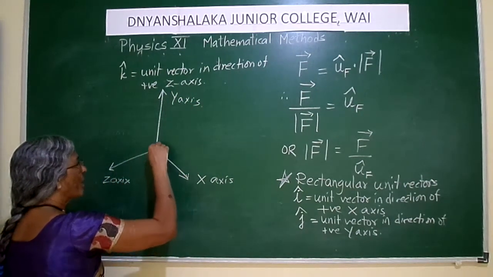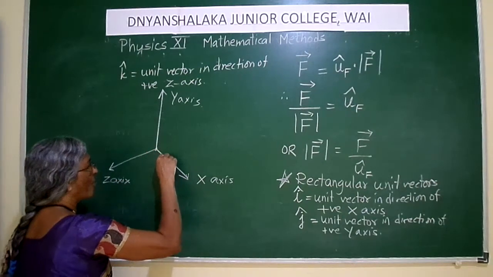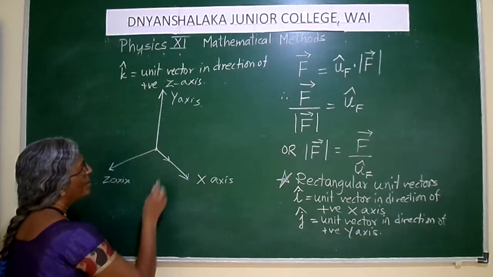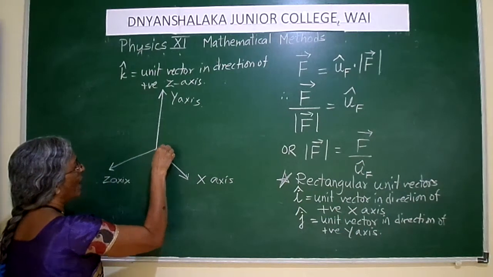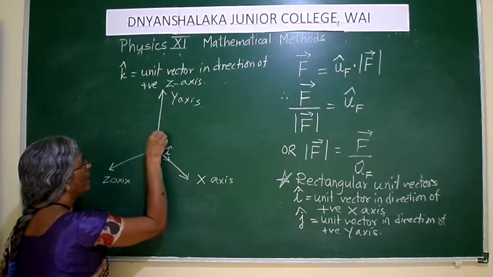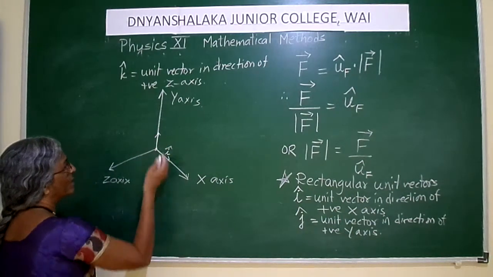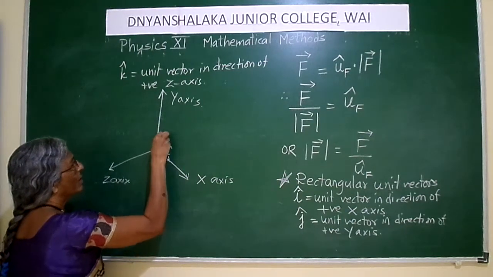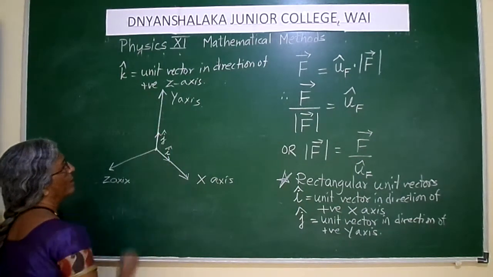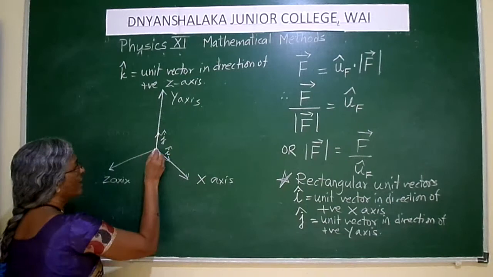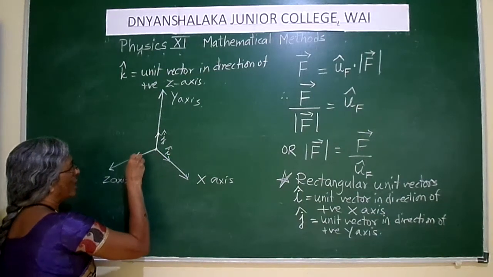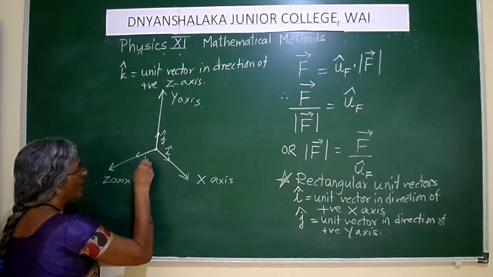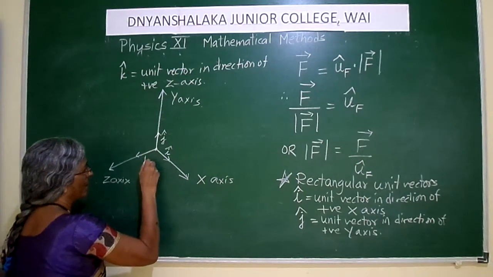Then the unit vector in the direction of positive x-axis will be vector i. In the direction of positive y-axis will be n cap vector j, and that in the direction of positive z-axis will be n cap vector k.